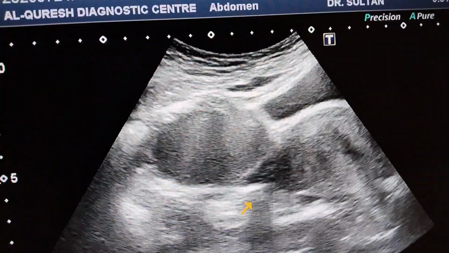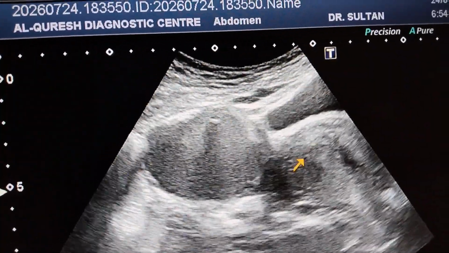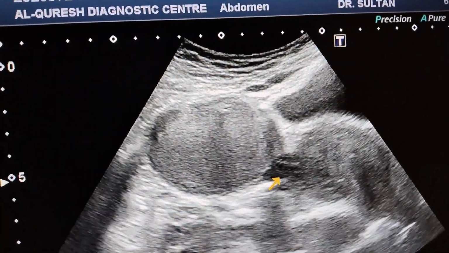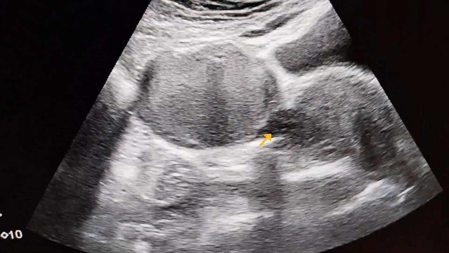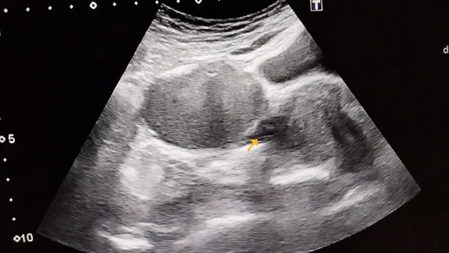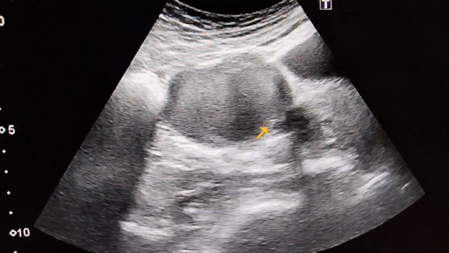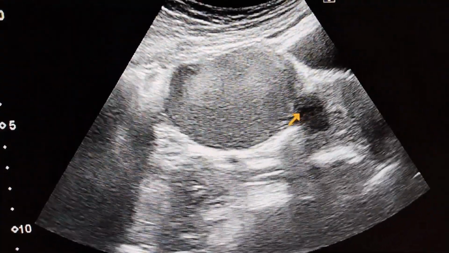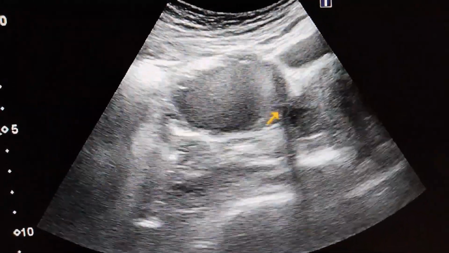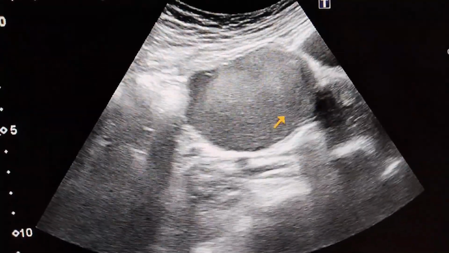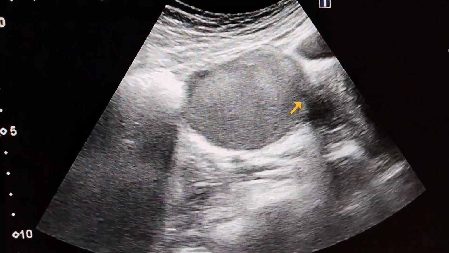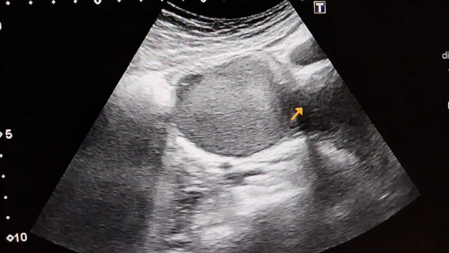Now here we should see this is the uterus. This is the ovary. So this is the right ovary which is being occupied by this lesion, at its superior aspect.